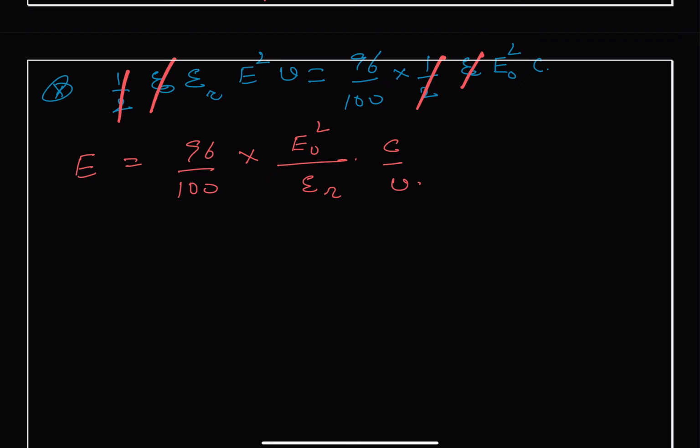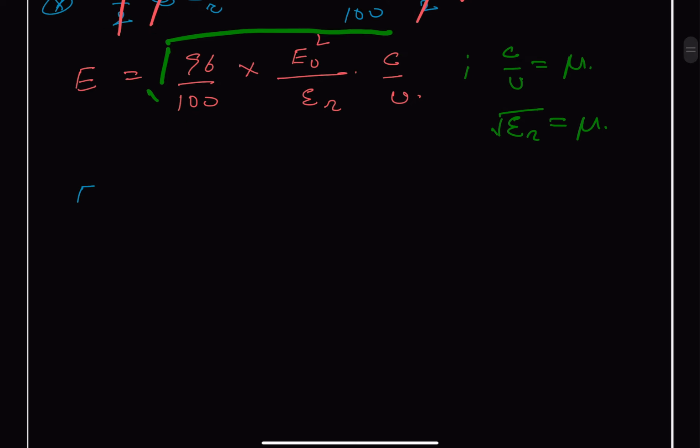Or we can say this E will be equal to the square root of this. And if we substitute the value, we also know that this C upon V is equal to mu, and our epsilon r, here it is square root, will also be equal to mu. If we substitute these values, we get that E will be equal to 96 upon 100.